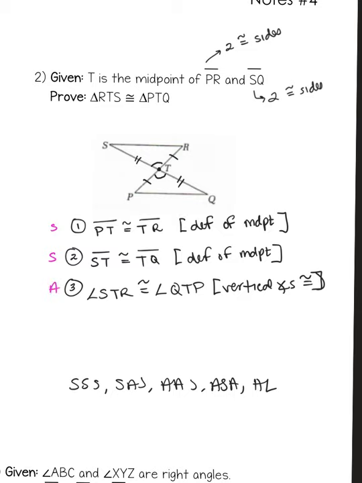So two pairs of congruent sides and one pair of congruent angles suggests that this is probably side angle side. But I need to make sure that angle is included so that it's touching both pairs of congruent sides, and it totally is. This angle is made up of those two sides that we know are congruent to the two sides in our other triangle. So this one is also side angle side.